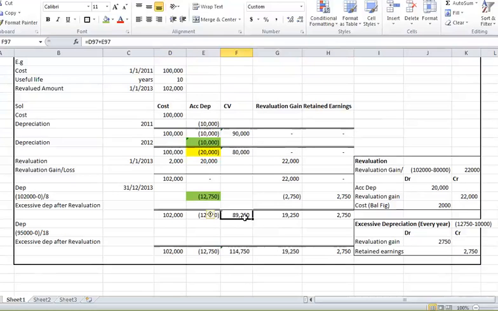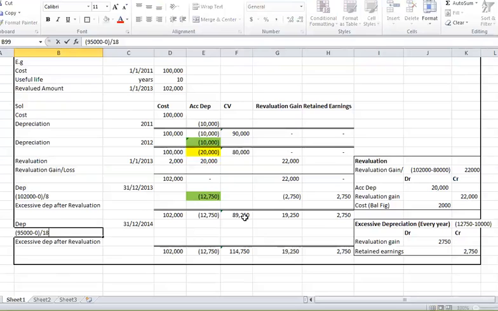At the end of 2013, what is the carrying value? 89,750. Same goes for the next year, 31st of December 2014. What is the revalued amount? Revalued amount is 102,000 and the remaining life is 8 years.